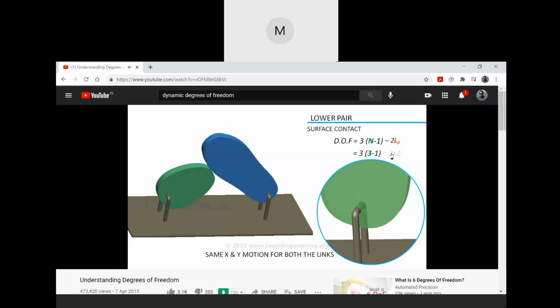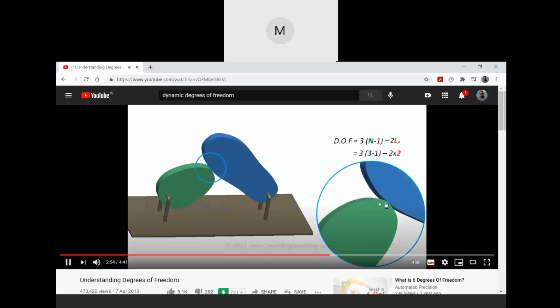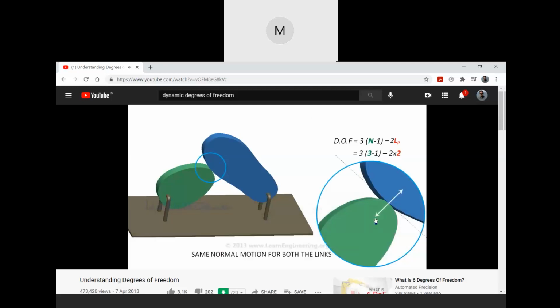Now consider this joint, which has a line contact. If the joint between 2 links has line or point contact, both links should have the same translational motion along the common normal. However, they could have different motion in the tangential direction. So, for each such pair, there will be a deduction of 1 mobility from the total.